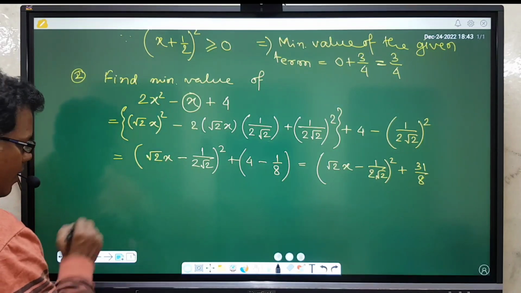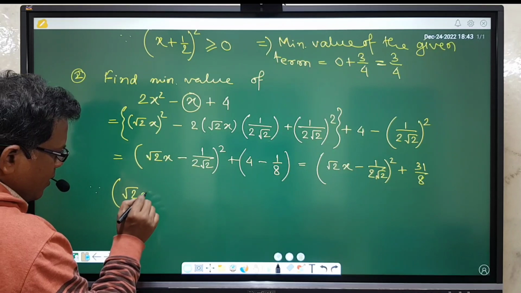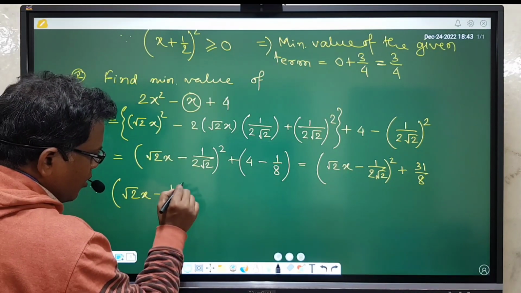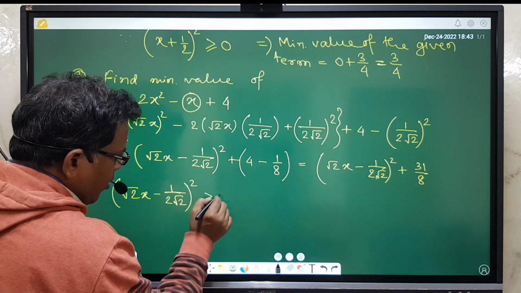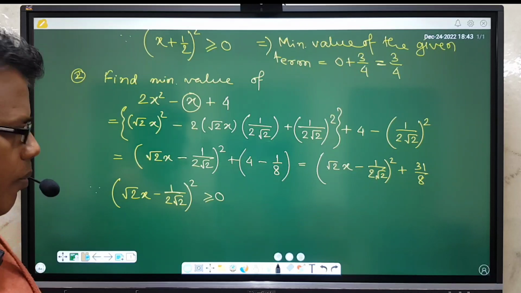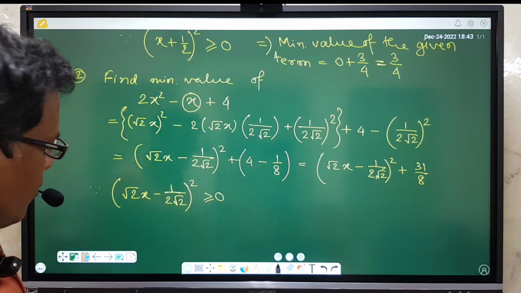So again, since root 2x minus 1 by 2 root 2, squaring of this is always greater than or equal to 0. Square of a real number should always be either 0 or positive, right?